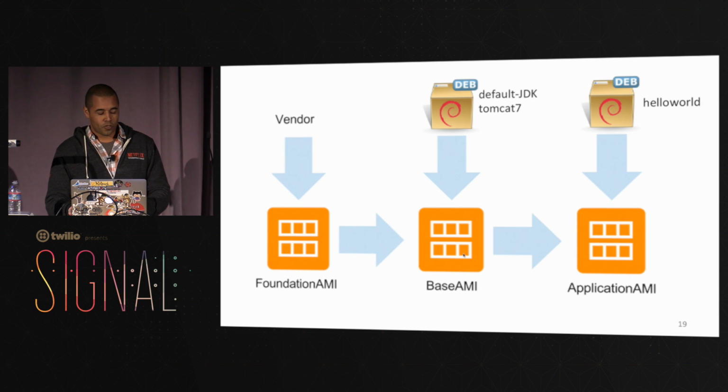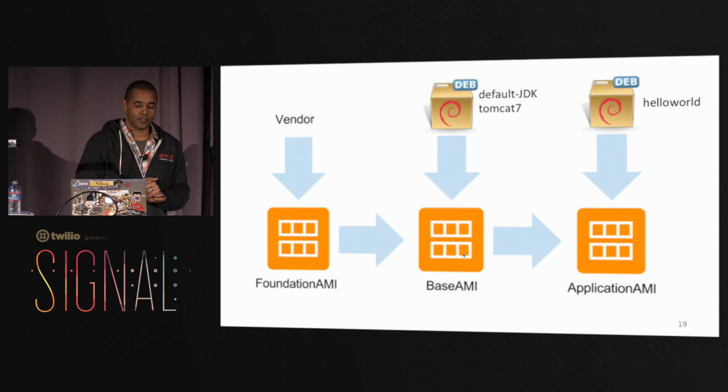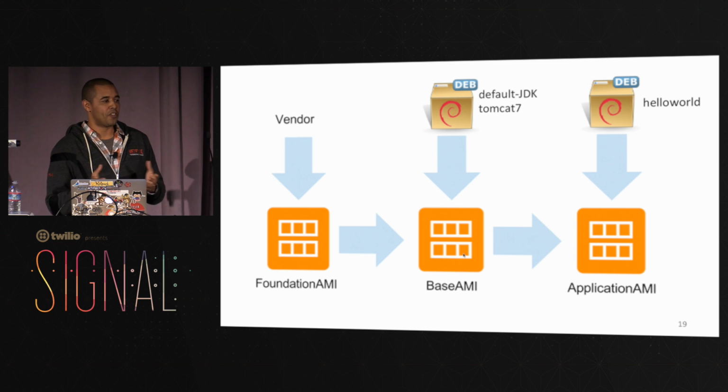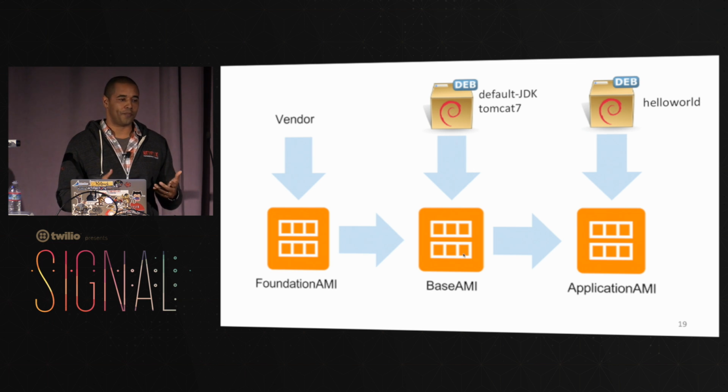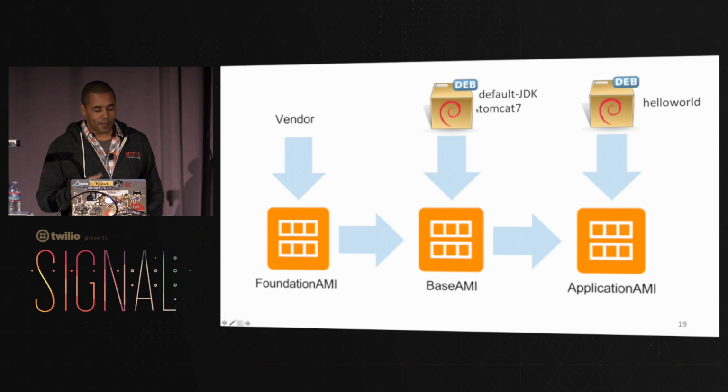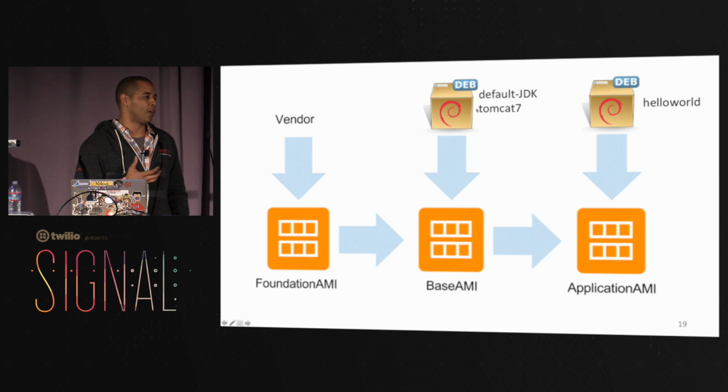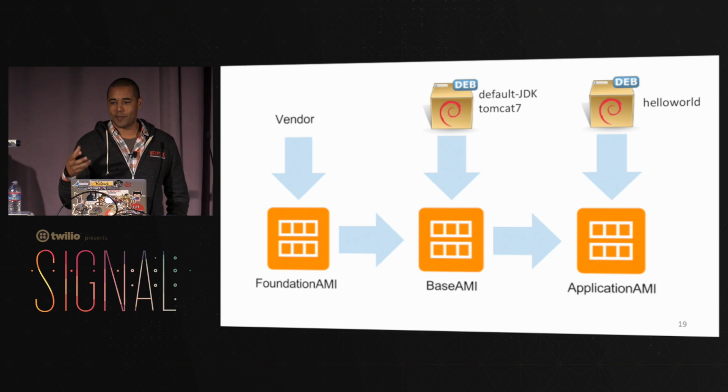All right. So our process for creating an AMI looks like this. The vendor will release a new version of an OS, and we'll take that and save that in our cloud as a foundation AMI, which you see on the left here. Then we have a base AMI install process, which in this case I'm just demonstrating as a deb package. So you might have a deb that represents the core components of every single AMI that you want for every single instance that you deploy in your cloud.